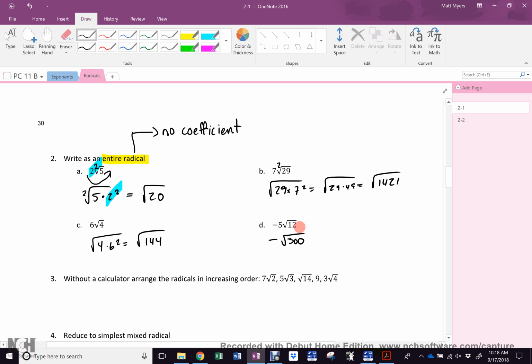If you bring the whole negative 5 under there, doesn't it become the root of 12 times negative 5 squared? Everyone agree? What is negative 5 squared? That is the root of 300, correct? But our original value was negative. The root of 300 is a positive number, isn't it? So that is why I have to leave this negative out in front. Is everybody with me?